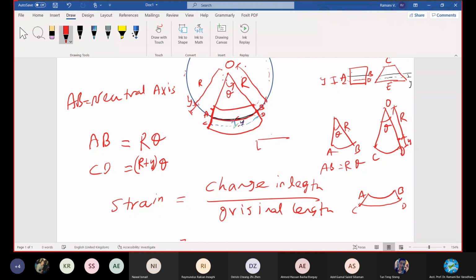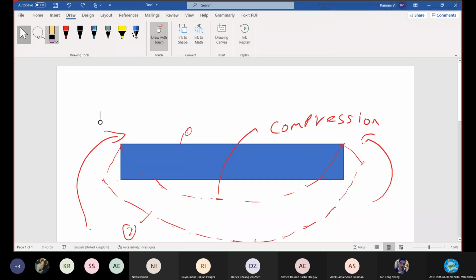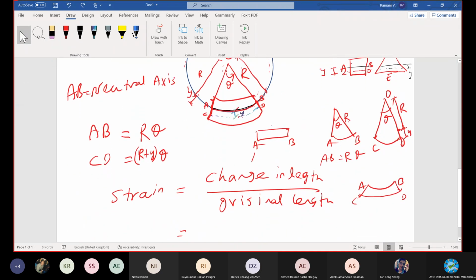Or I draw it like this. At the neutral axis, the length will be AB. But because of deformation, it is changed to CD, isn't it?